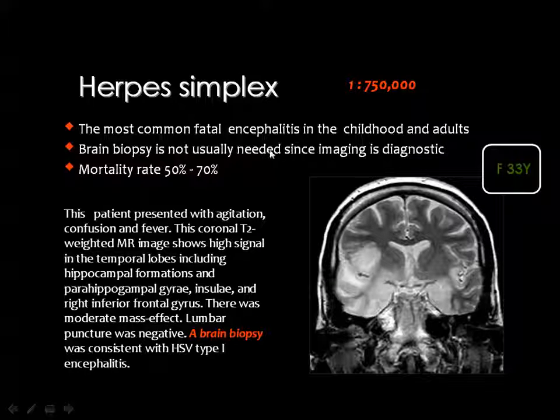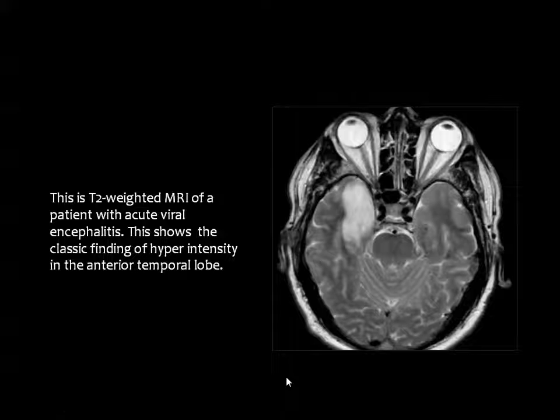Biopsy is not usually needed since imaging is diagnostic, because this type of viral infection usually affects the temporal lobes, especially the medial part of the temporal lobe. It may occur bilateral or unilateral, symmetric or asymmetric.